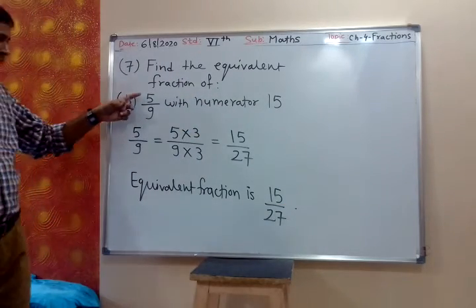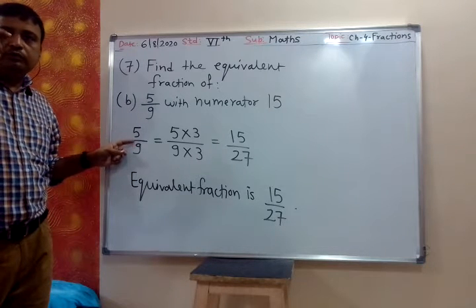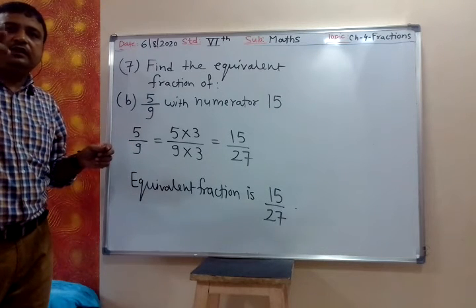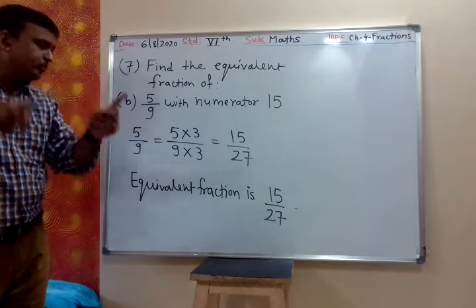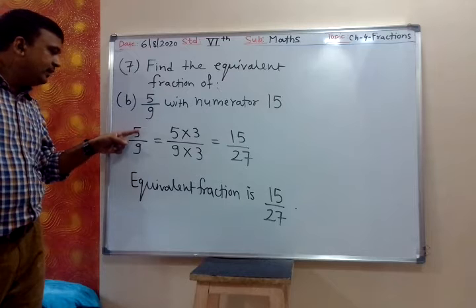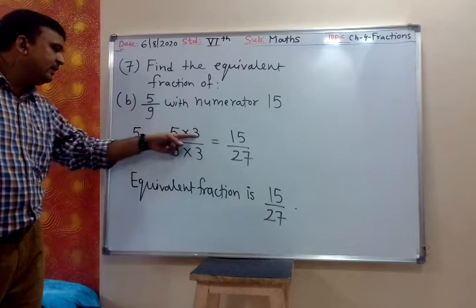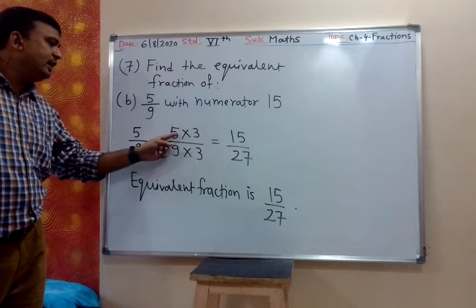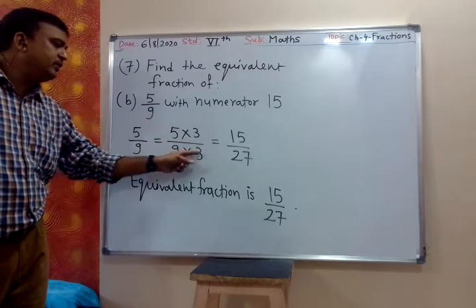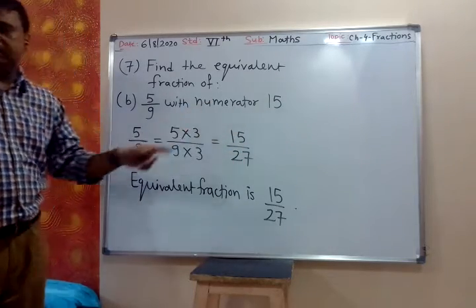We are given the fraction 5 upon 9, and we want an equivalent fraction with numerator as 15. To convert this 5 into 15, I have to multiply 5 by 3. So I will multiply numerator by 3 and denominator by 3. So 5 into 3 is 15, 9 into 3 is 27. So the equivalent fraction is 15 upon 27.